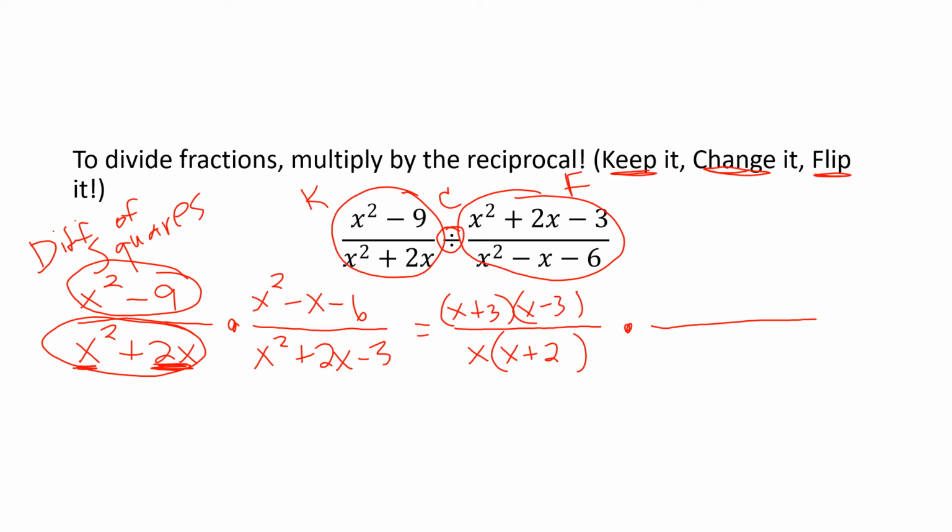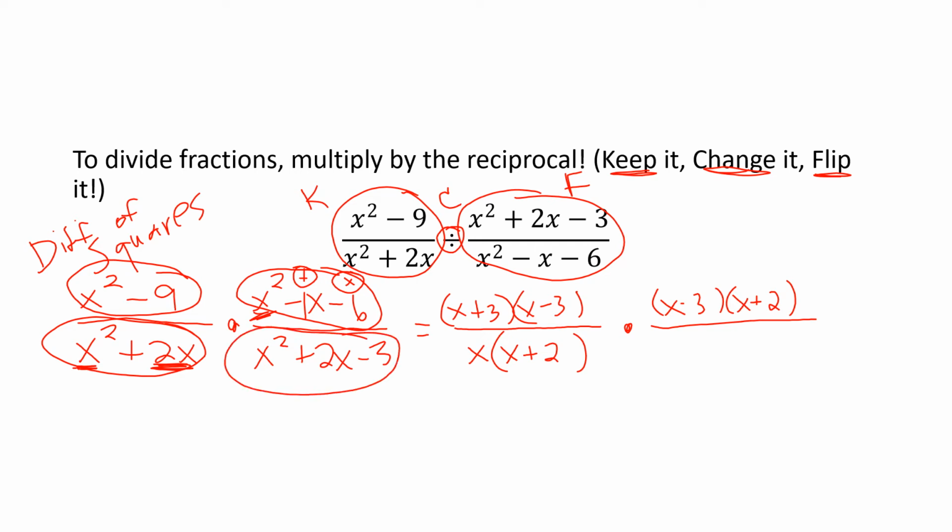Now, the second fraction, I'm looking at the top here. I have 3 terms. I know that x times x is going to give me that x squared, but the other numbers, I need something that's going to multiply to negative 6 and add up to a negative 1 in the middle. So that would be a negative 3 and a positive 2.